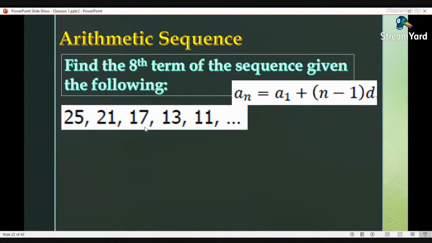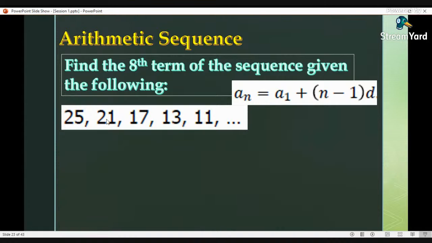25, 21, minus 4, minus 4. I think this is not 4 here, we should put 9 here. This sequence is wrong.